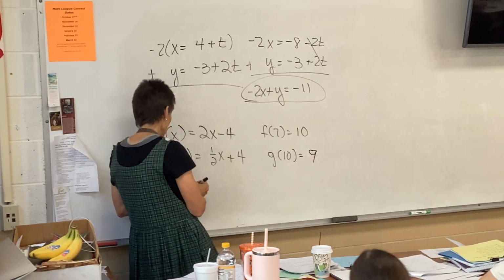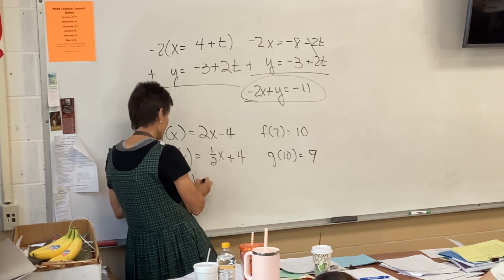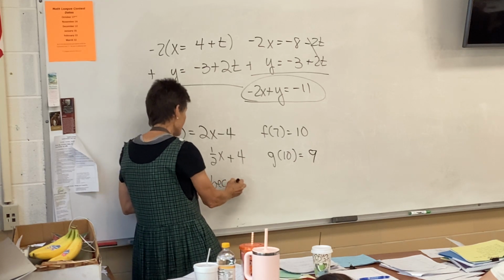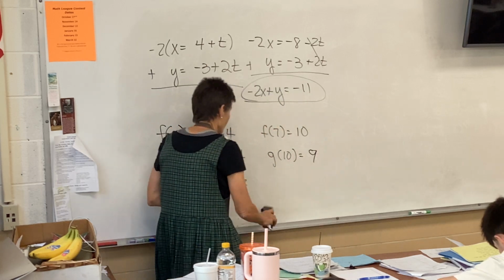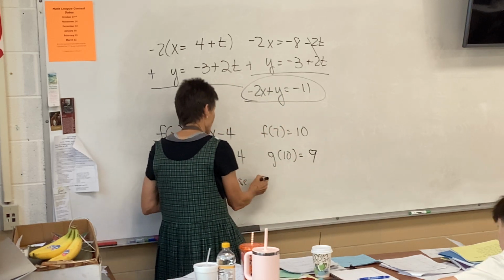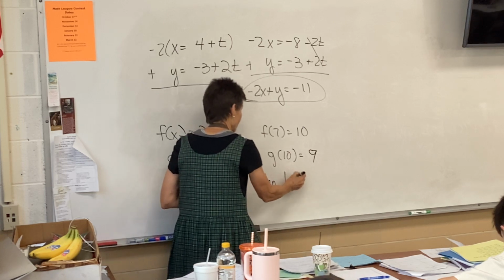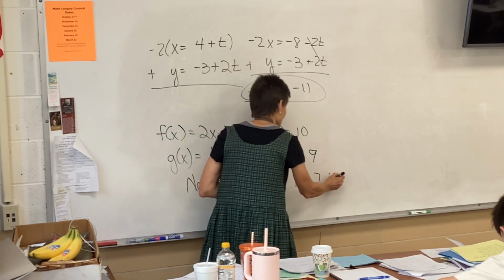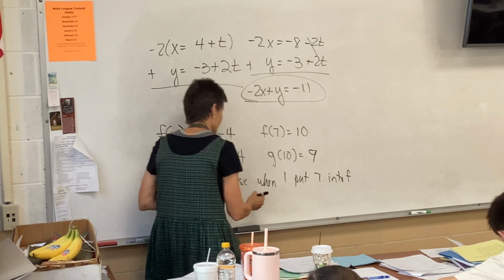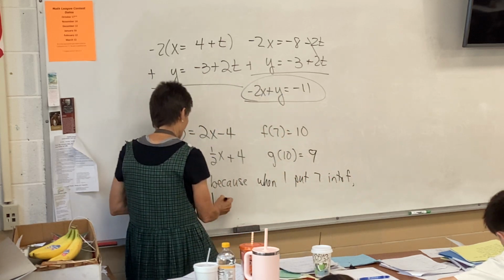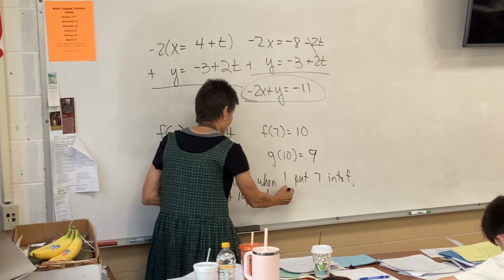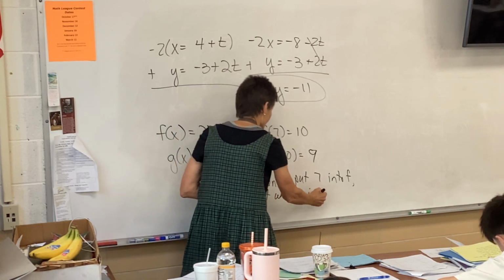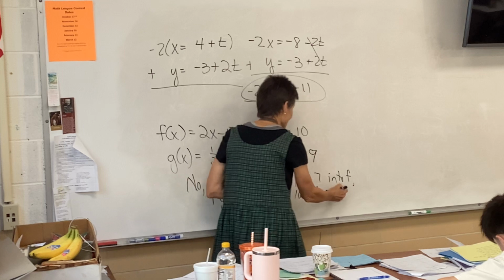No. They are not inverses because, and if the notation bothers you, you can use words, when I put 7 into f, I got 10, but when I put 10 into g, I didn't get 7.